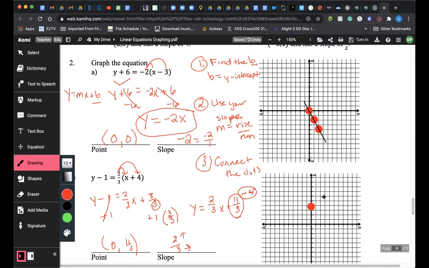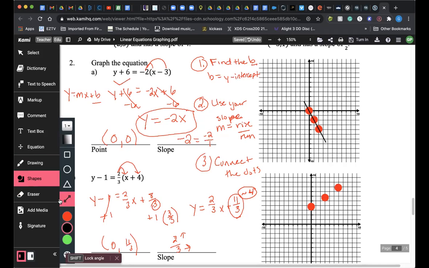For my next point, I'm going to go just under 6, right? Up by 2, over by 3. And then I'm just going to connect my points for my line.